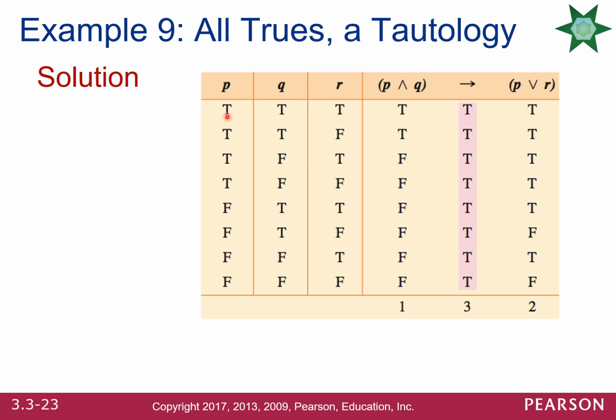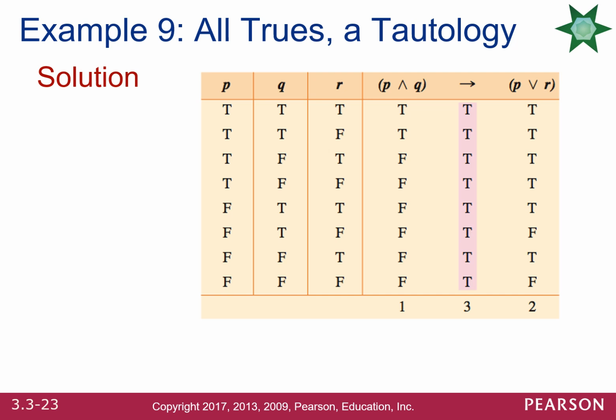So T and T results in a T. Then we have T, F results in an F, F, T results in an F, and F, F is an F. We have gone through all the cases for P and Q and came up with the result.